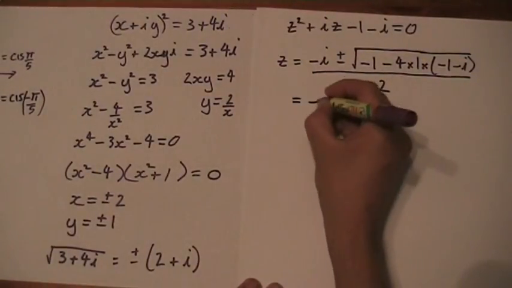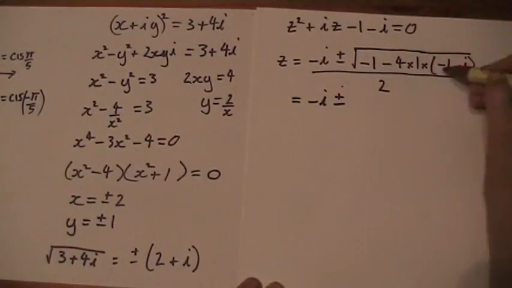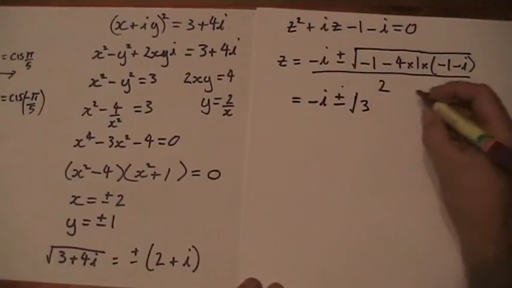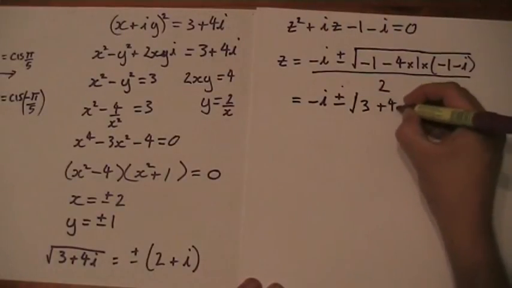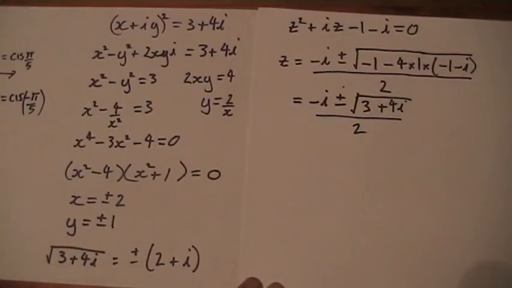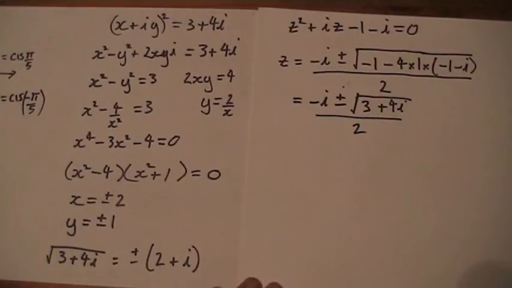So -i plus or minus, multiplying this out and simplifying, gives me the square root of 3 + 4i all over 2. As I said, hence the square root of 3 + 4i we just worked out.